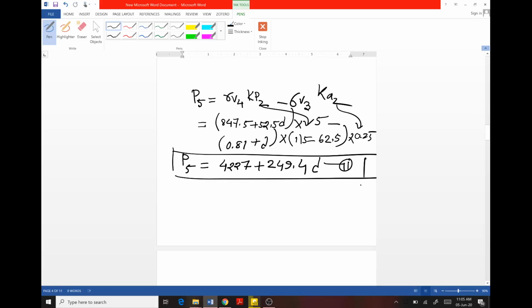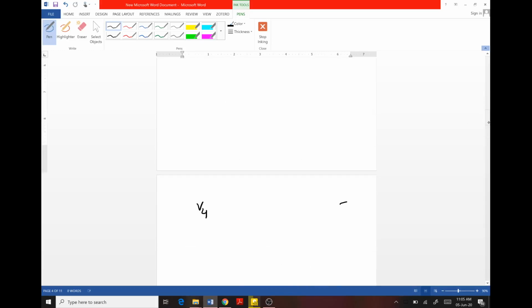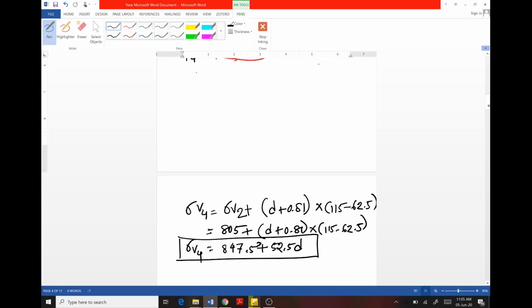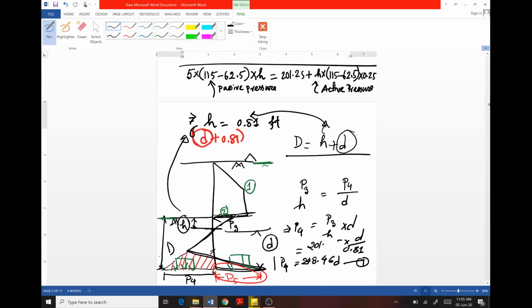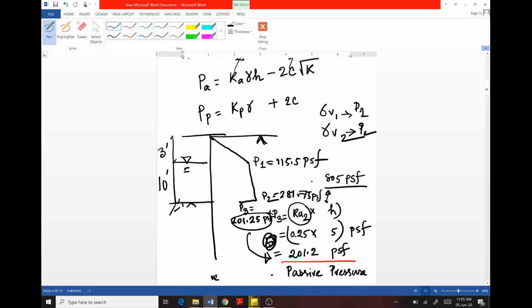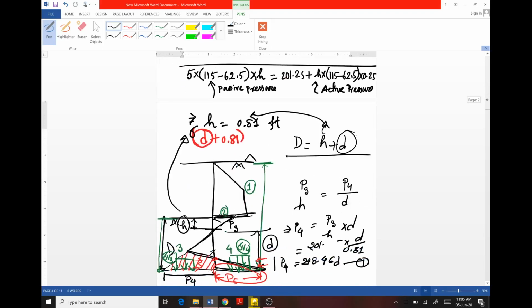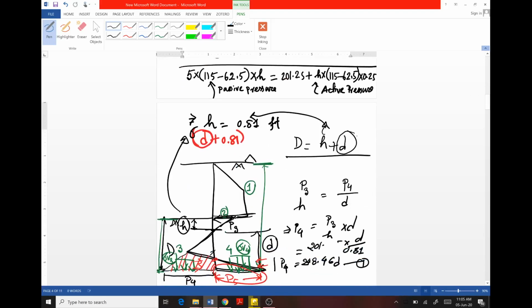Now we have already determined all the values of the earth pressure diagram: P1, P2, P3, P4 and P5. Now we have to determine the horizontal force. You already know this is written in terms of pressure area.